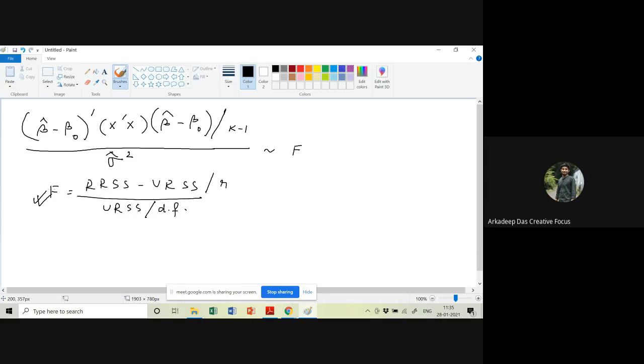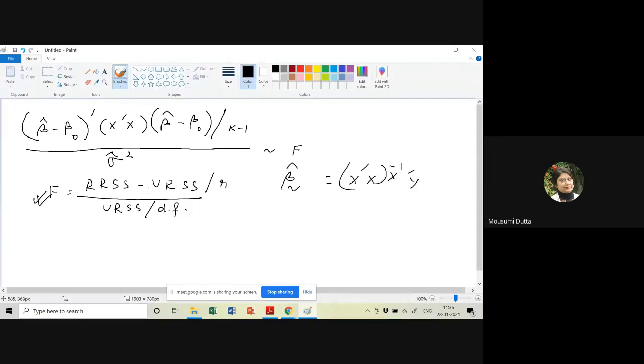Yes ma'am. So no problem with the first part, because you can use the matrix algebra or you can write the normal equations and you can solve for the values of the parameters. So first you can consider the deviation form if you like, and then you can derive the parameters. So either you can use matrix algebra, that is, you can derive beta hat is equal to x prime x inverse x prime y.